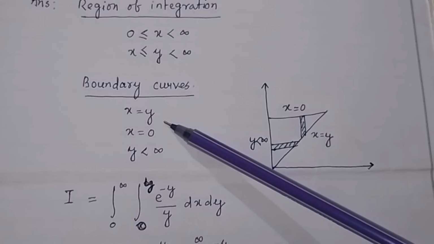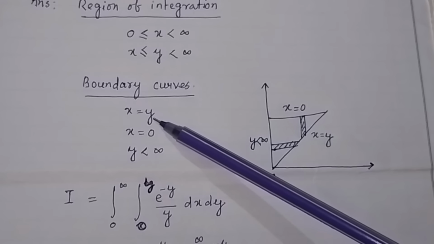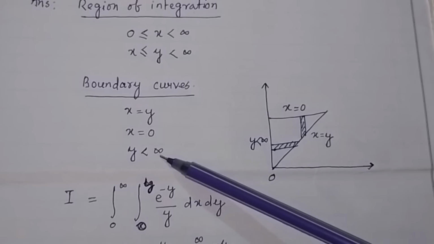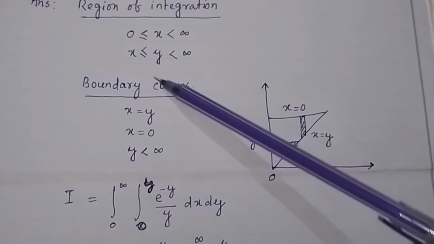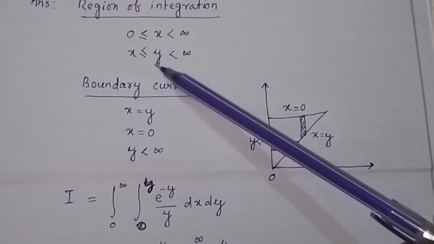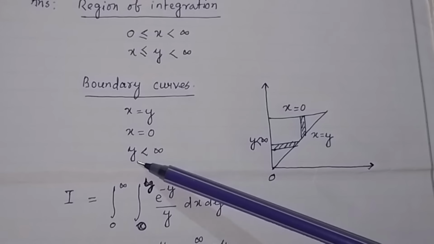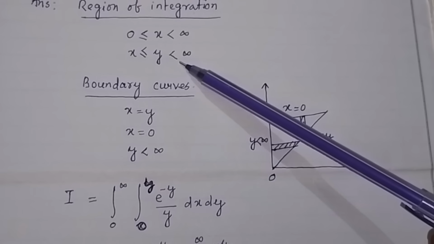So here the boundaries are x equal to y, from this, and x equal to 0, and y which is less than infinity.